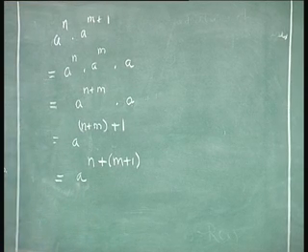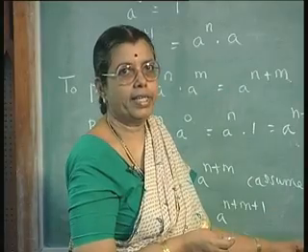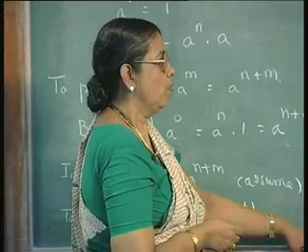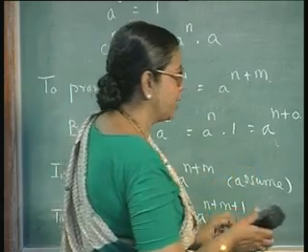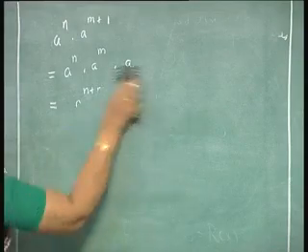Just to show the use of induction, I shall use one or two more examples. Let us consider some more examples, so that this concept of proof by induction is clear.